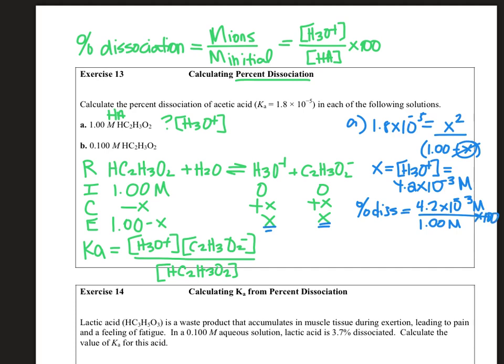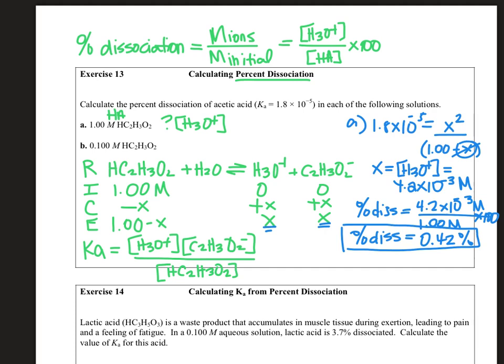My percent dissociation is very, very small: 0.42%. So it is a decimal percentage. Don't forget to multiply by 100 though.